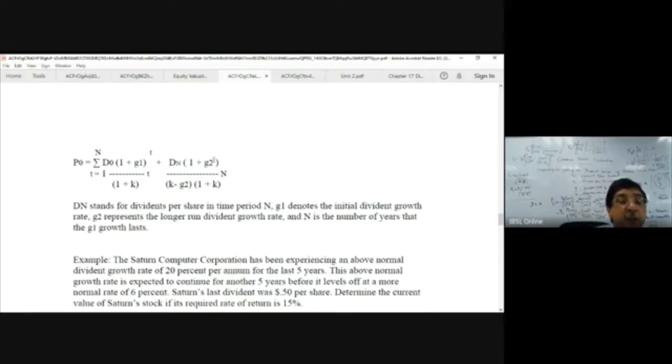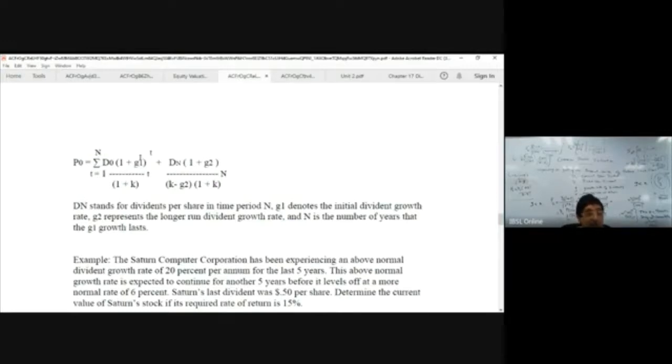Longer run in the sense, as I told you, the startup companies at the beginning have very high dividend growth for a period of say 5 to 6 or 8 to 10 years. And afterwards, they become normal and will pay only a normal dividend at a lower growth.